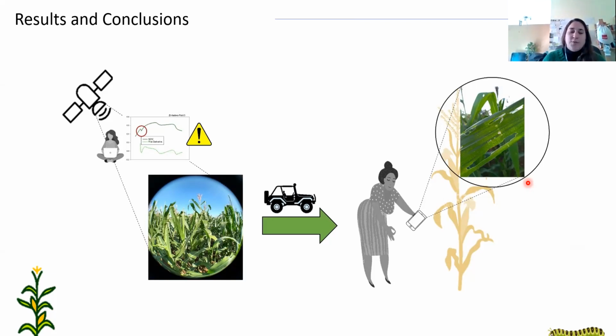And when you see an anomaly, you go to the field and check whether it is fall armyworm or another biotic or abiotic stress, or a storm or rain.